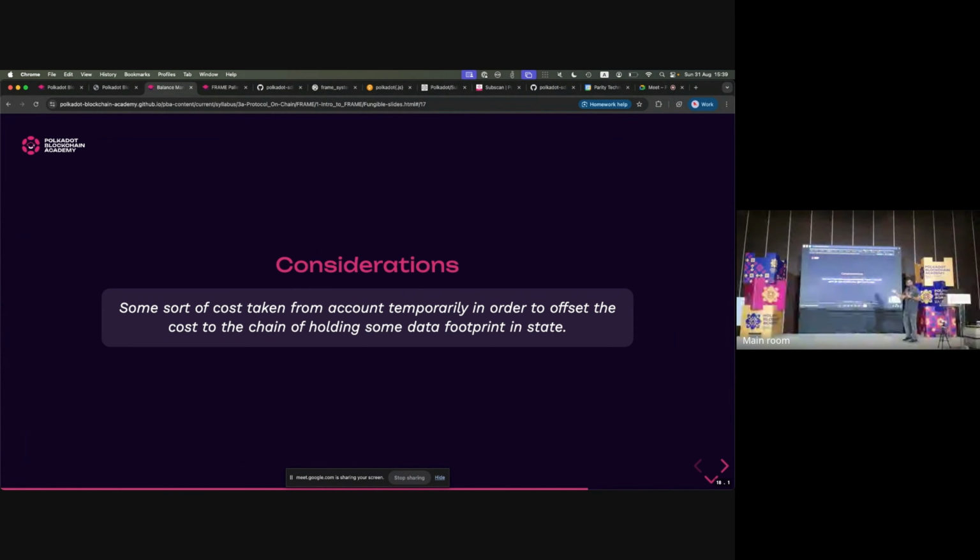So there is a new trait, consideration, and it kind of abstracts even the hold and the freeze part. What you basically do is, the pallet is creating some storage for the account, right?